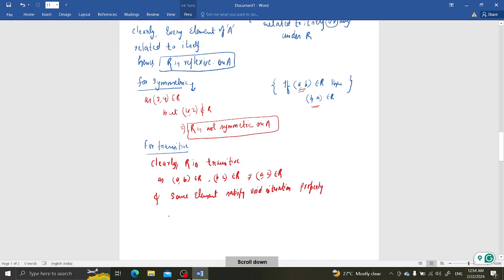So this implies R is transitive, again you can write R is transitive on A.